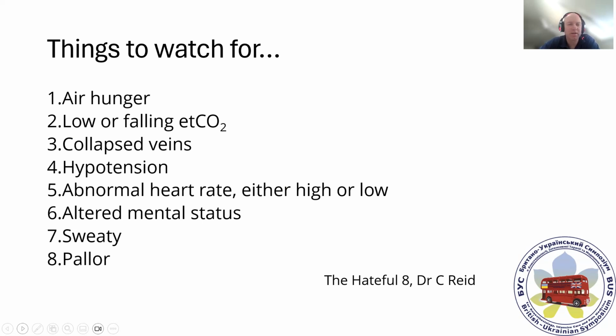Those with tachycardia, bradycardia, those with altered mental status, or who appear anxious and frightened when perhaps they weren't initially, and the sweaty, pale patient, coined as the hateful 8. These identify somebody who is at imminent risk of dying as a result of their trauma.